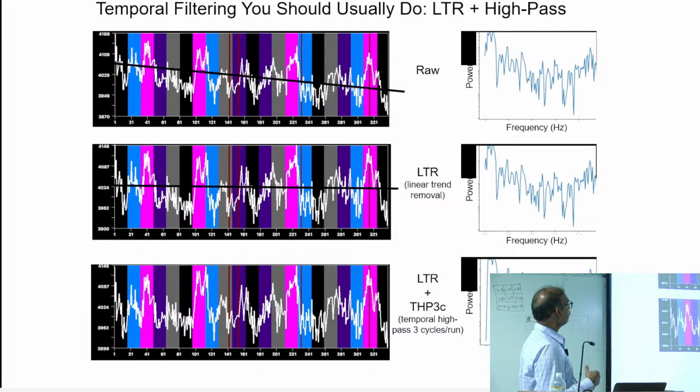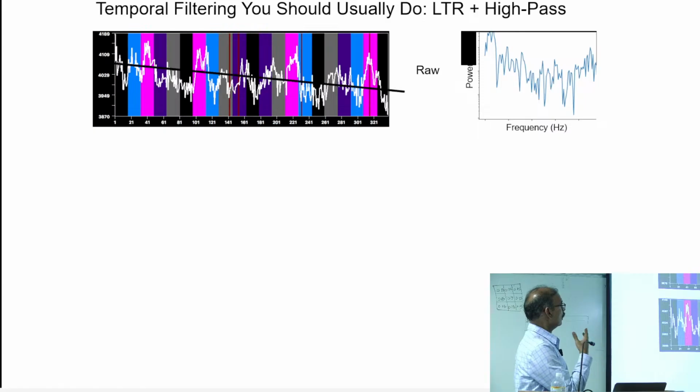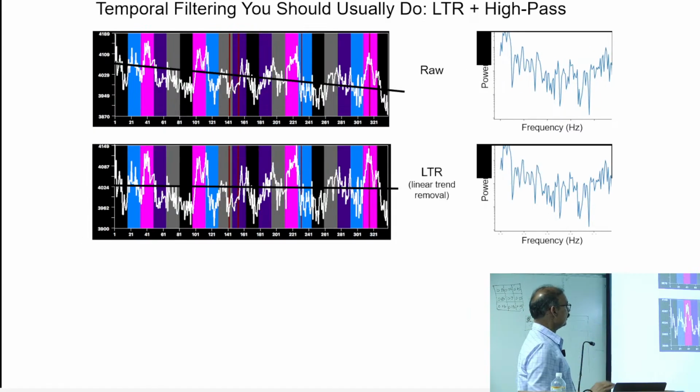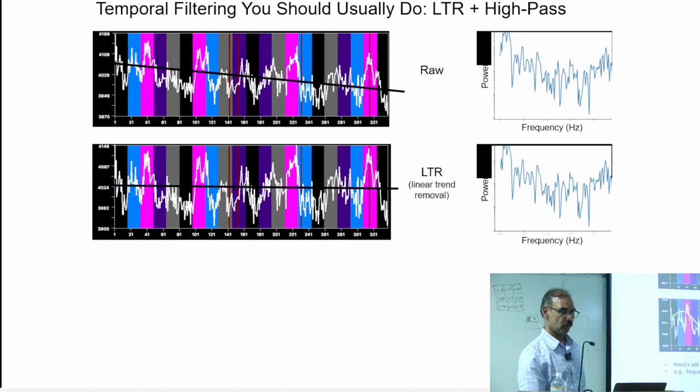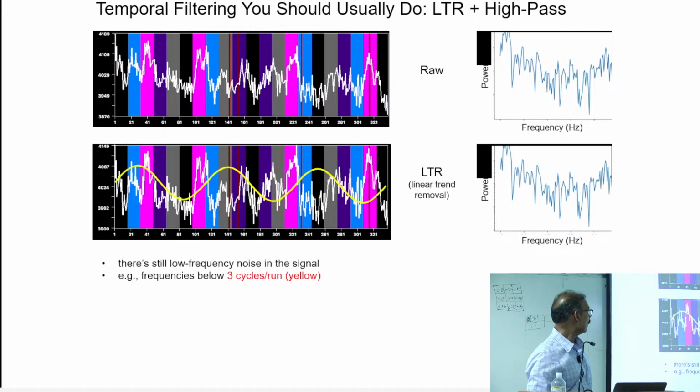Again, you have the raw power and then the power after linear drift removal. Again, if you think you have different frequencies, you can compute the frequency and look at the frequency spectrum and see what is happening to it after you remove the drift.